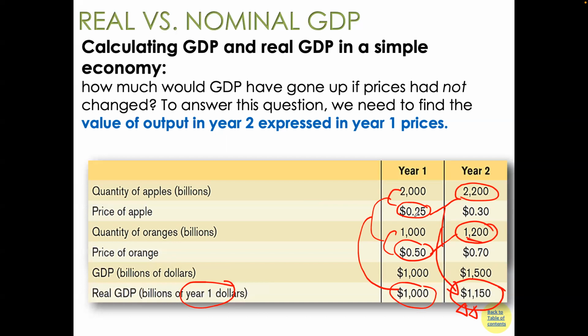Number 1, when you look at a nominal GDP, that gives you an indicator of how price changes. And number 2, sometimes you cannot calculate the real GDP as quickly as nominal GDP, because for real GDP you need to fix 1 year. You need to fix 1 year.